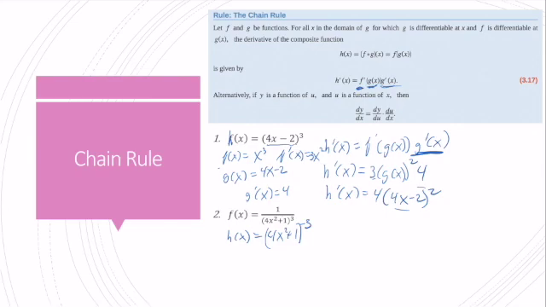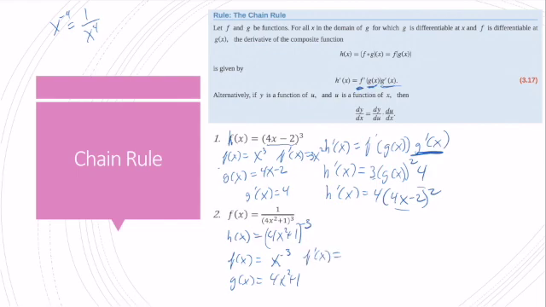Remembering the rule for exponents, if I have x to the negative 4, that becomes 1 over x to the 4th, because we typically don't want to work with negative exponents. But now it's going to make our life easier. So that means my f of x is x to the negative 3, and g of x is 4x squared plus 1. I'm going to go ahead and take the derivative of both of these.